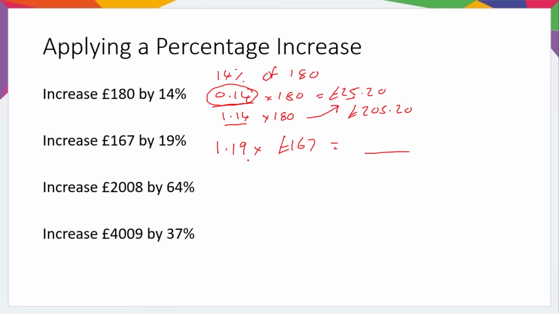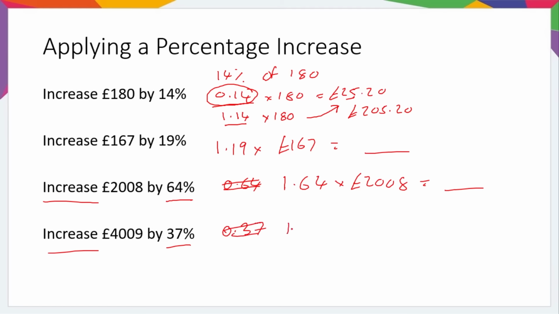It's knowing what to type in that's the key. 64%, our basic multiplier is 0.64, but as we are increasing by 64%, the multiplier is 1.64 times the 2008, which equals whatever. 37%, our multiplier is 0.37, but for an increase, it's going to be 1.37 multiplied by 4009, and that takes us directly to the answer, whatever that is.